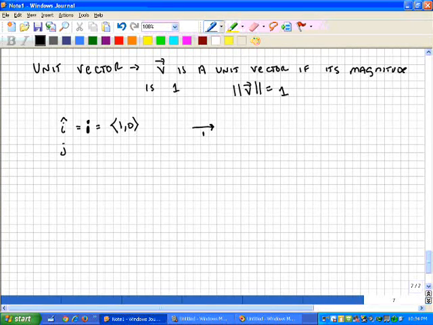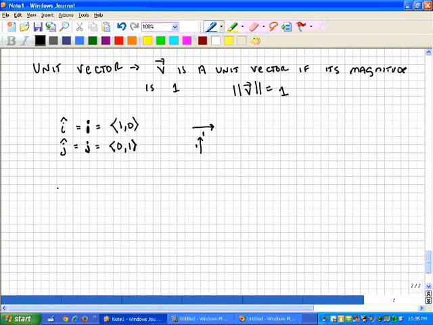The other is the vertical unit vector, sometimes called j hat, or in your book, a very bold j. This is the unit vector with horizontal component 0 and vertical component 1. And again, very obviously, a unit vector whose magnitude is 1. What this allows us to do is to write any vector as a sum of scalar multiples of these two vectors.